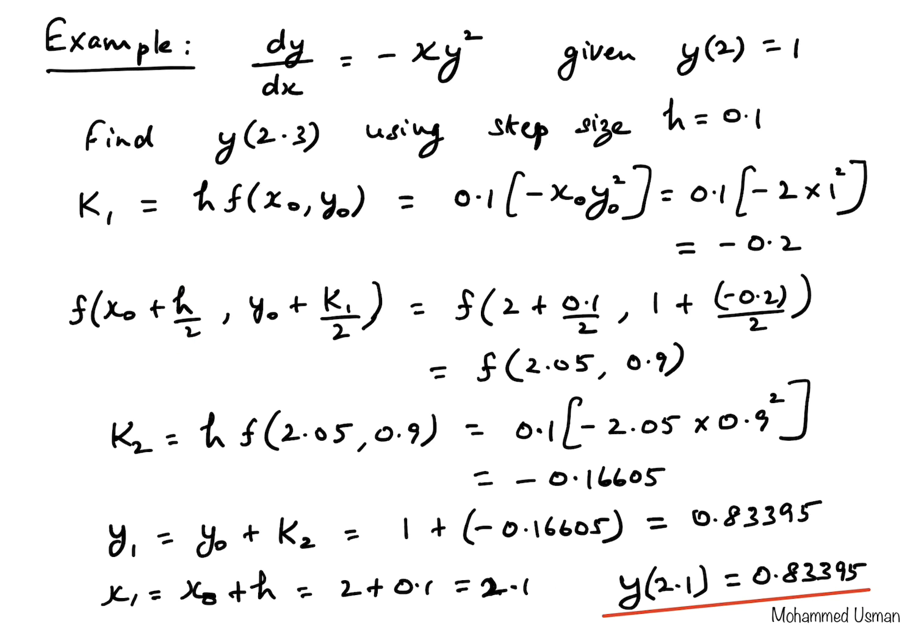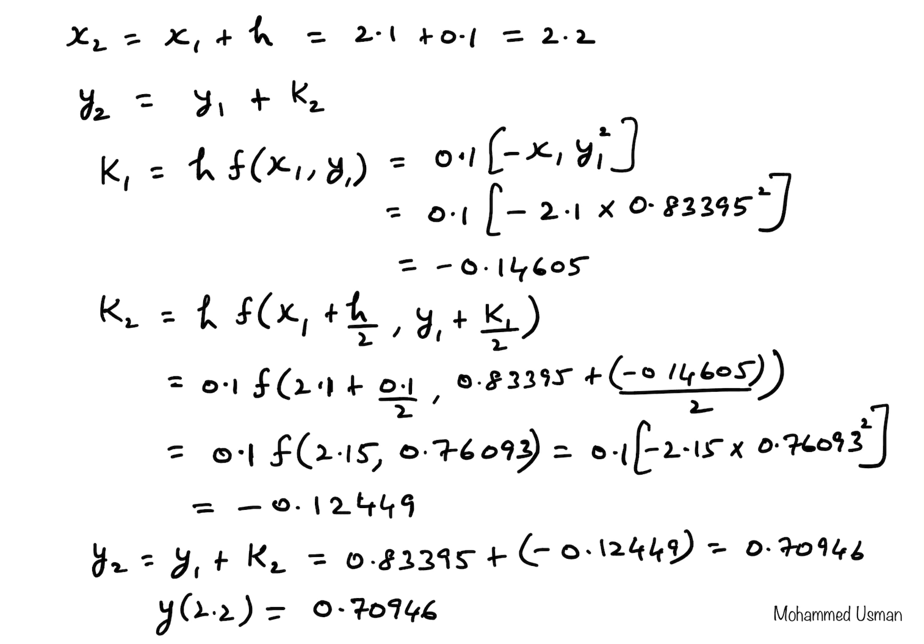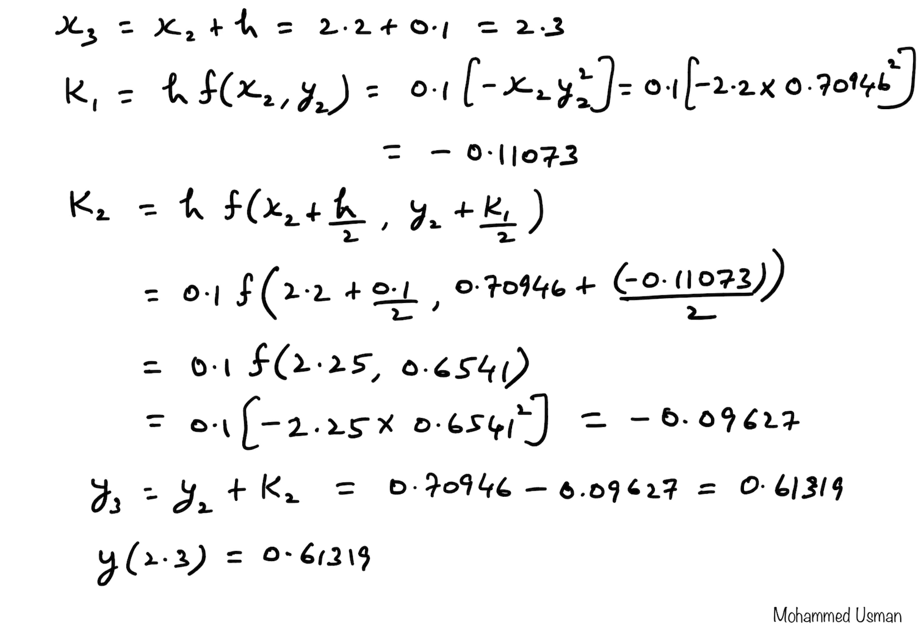So indirectly we are reducing the step size and trying to improve the accuracy of the solution. So that's our y of 2.3, which is the desired answer, which is equal to 0.61319. Okay, so if you're asked to calculate y of 2.4, then you'll have to do one more iteration in the same way, and that will give you y of 2.4.